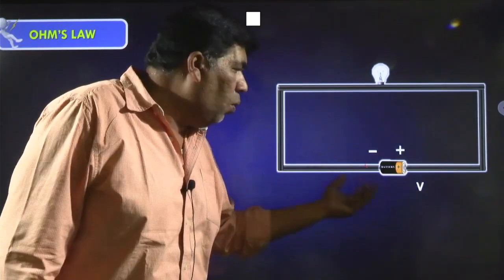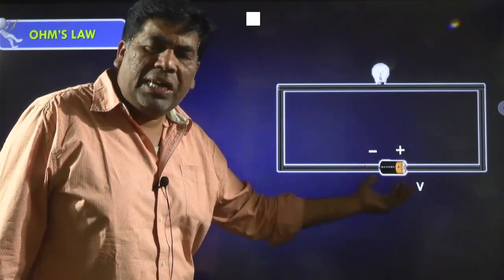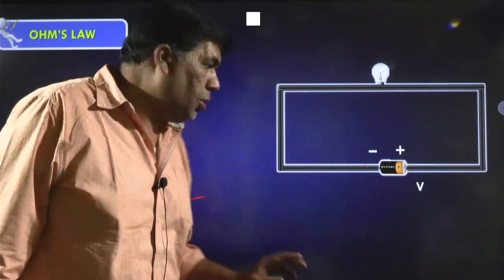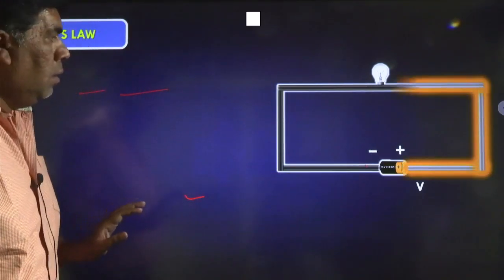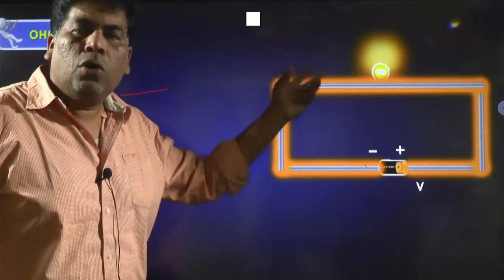It supplies some voltage to the conductor. Based on the voltage, or the potential difference, the current will flow in the circuit and the bulb will glow.